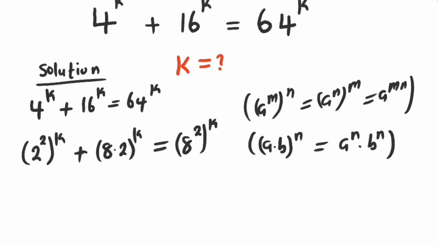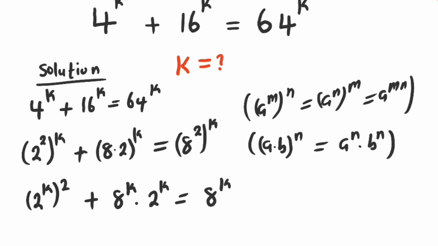Then this can be written as 2 raised to power k all squared plus 8 raised to power k multiplied by 2 raised to power k is equal to 8 raised to power k all squared.